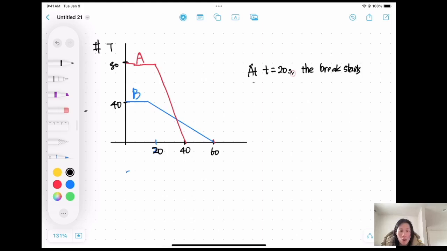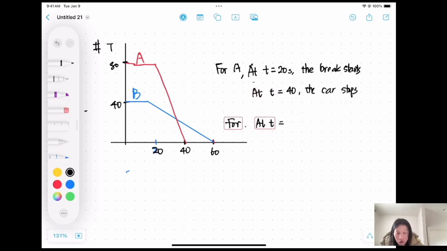And then when does the car completely stop? For A, the red line A, when the velocity equals 0, the car stops. So that means at t equals 14 seconds, the car stops. This is similar to B. For B, the blue line, at the time t equals 20.